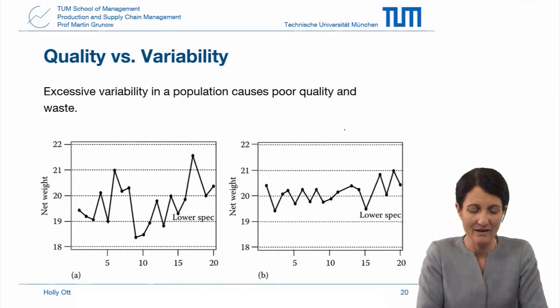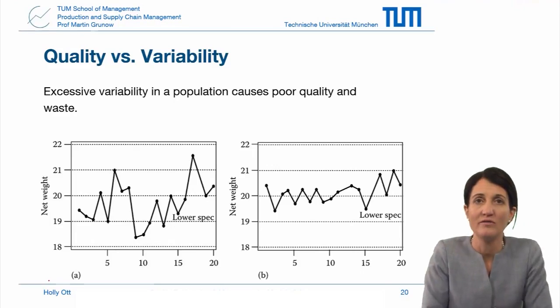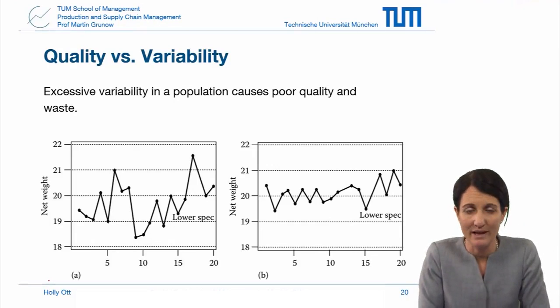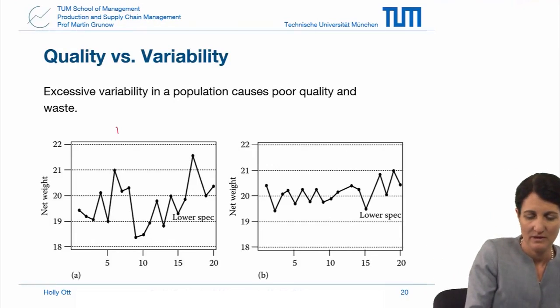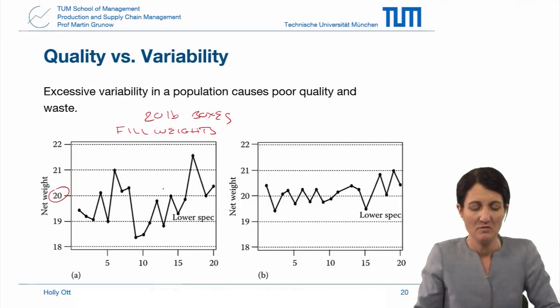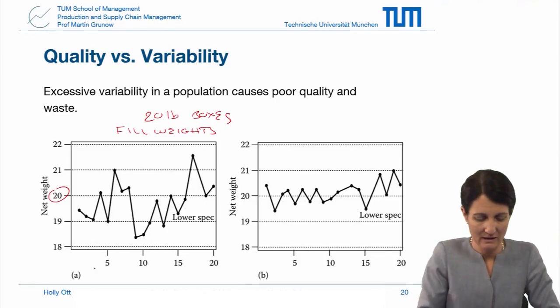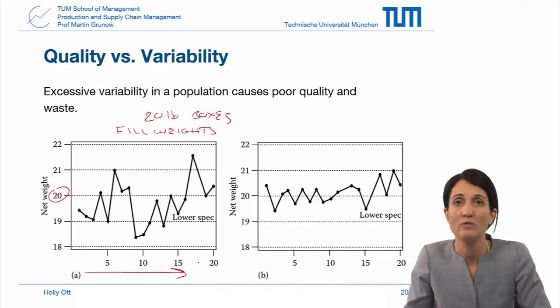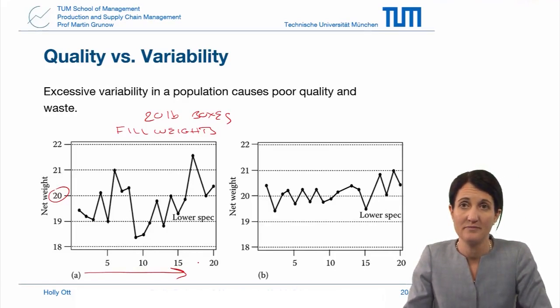And here we have an example of the fill weights. So I could write this in here. The fill weights of 20-pound boxes. And you can see, it should be 20 pounds, but we have a variation in the fill weights of our different boxes.